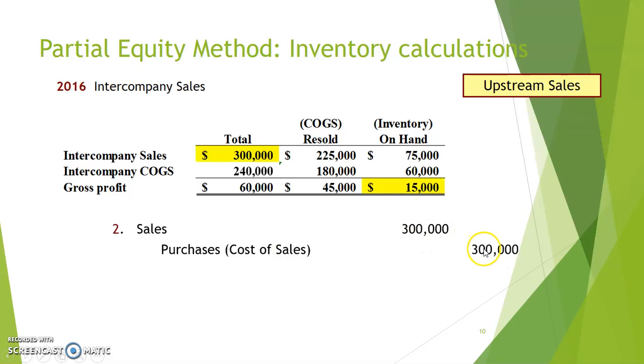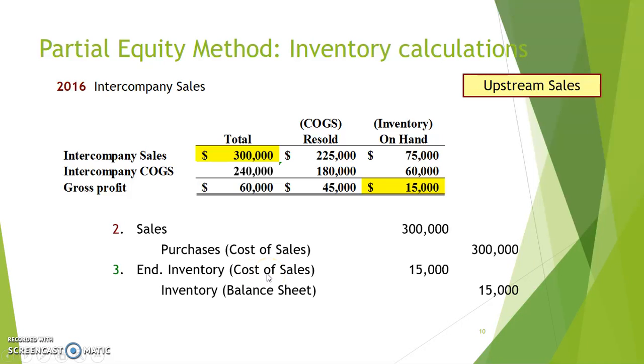This will eliminate the intercompany sales. We will then debit the ending inventory in the cost of sales section of the income statement, and we would credit the inventory account on the balance sheet with the 50,000.